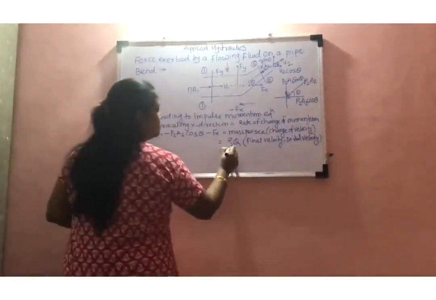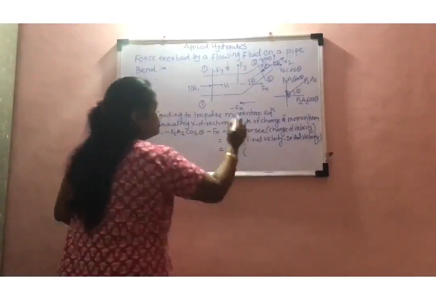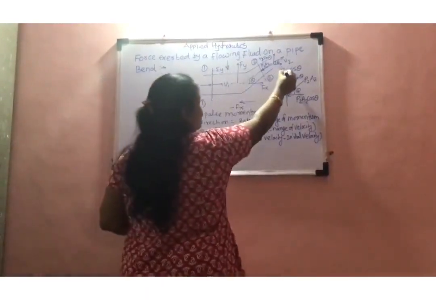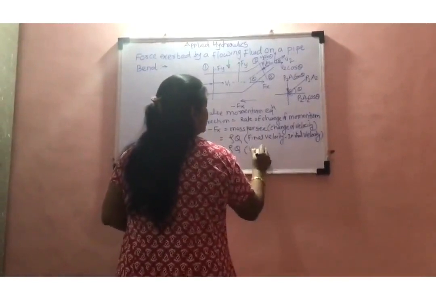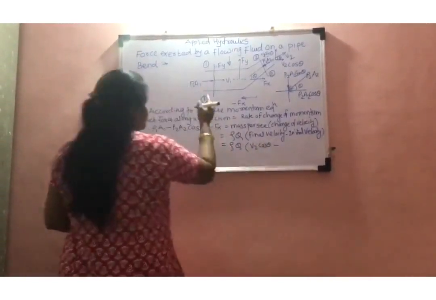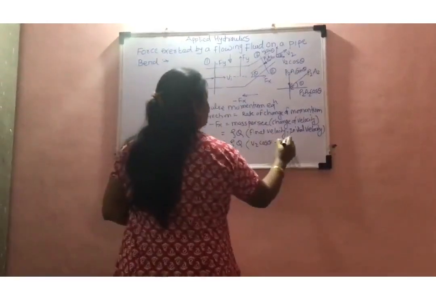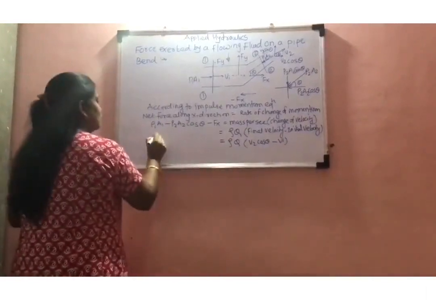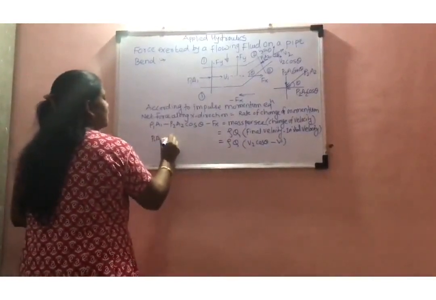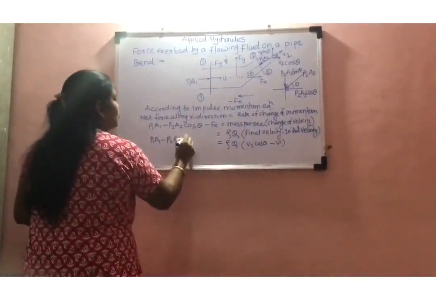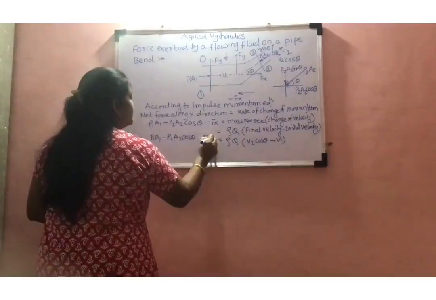So, here this will become rho Q. Here the final velocity will be V2 cos theta minus this V1, is equal to P1 A1 minus P2 A2 cos theta minus Fx.